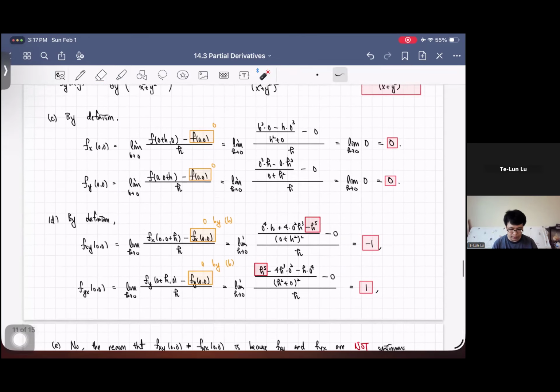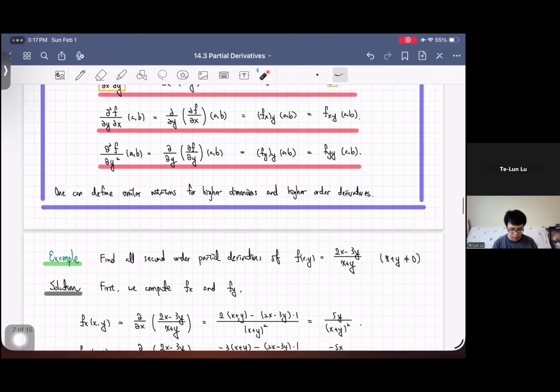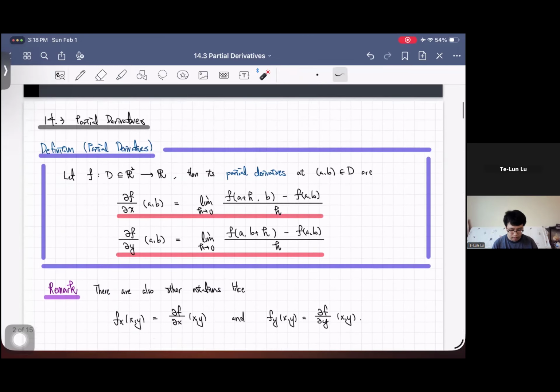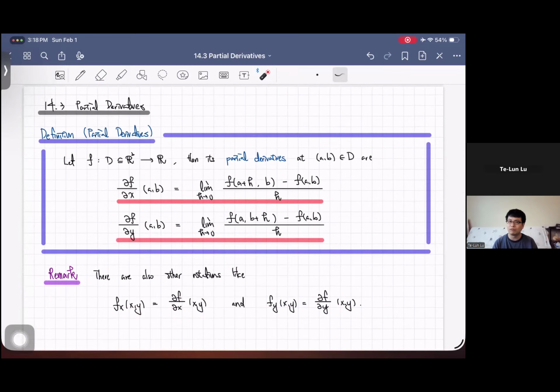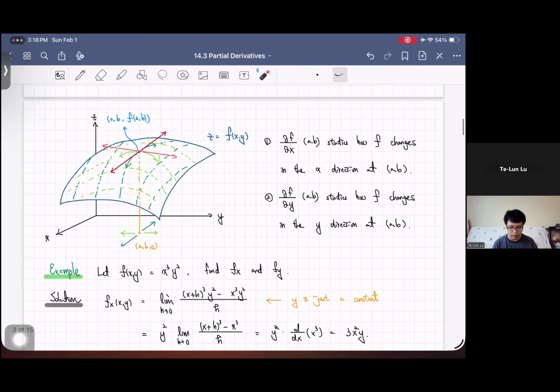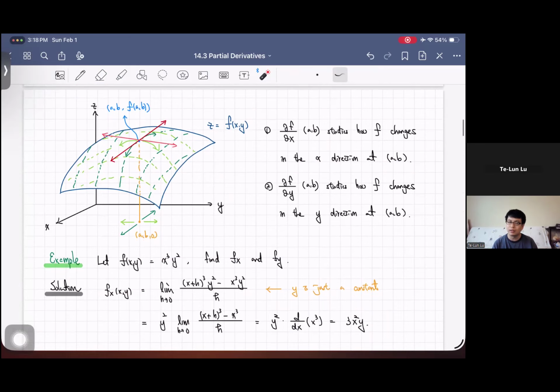Okay, wow, that's a lot. So let's go back. What we have done in this video is that we introduced a definition of partial differentiation, which you can view geometrically as a slope by fixing y or fixing x, and you have the slope along the x direction towards z or the y direction towards z.